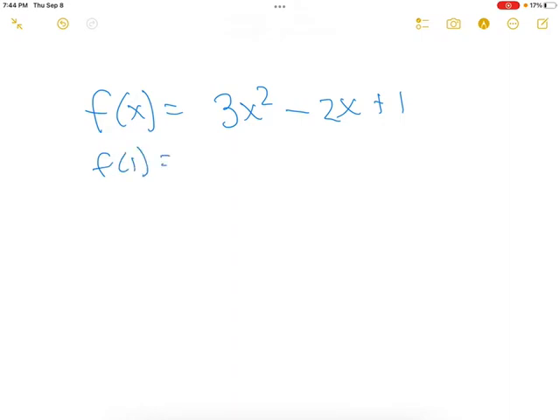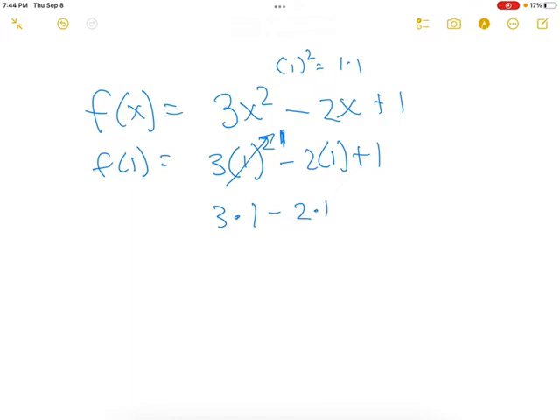So to do this, we're going to do 3, I'm replacing x with 1, 1 squared. 1 squared is just 1 times 1. That's 1. So this goes to 1. So I have 3 times 1 minus 2 times 1 plus 1. 3 times 1 is 3. 2 times 1 is 2. 3 minus 2 is 1. 1 plus 1 is 2. That's my answer.